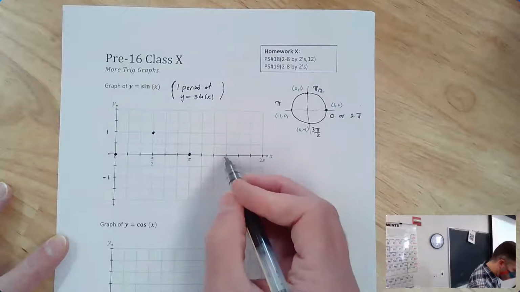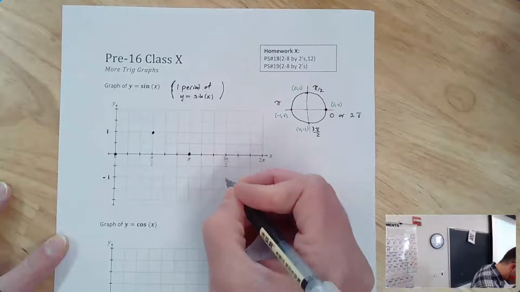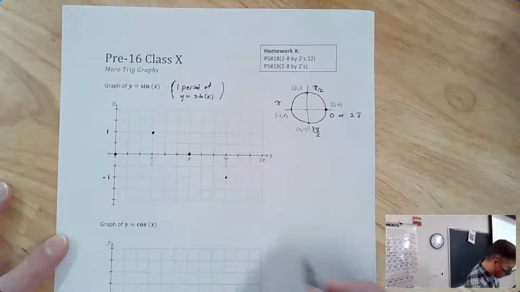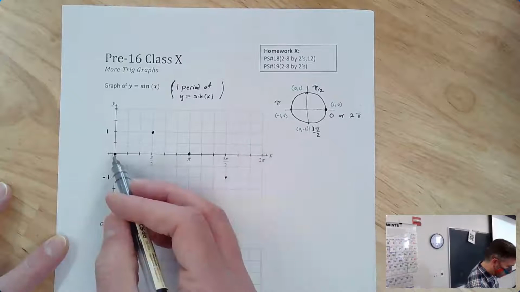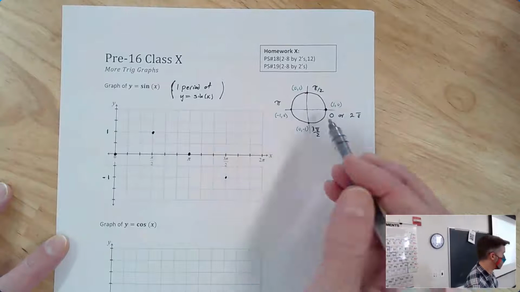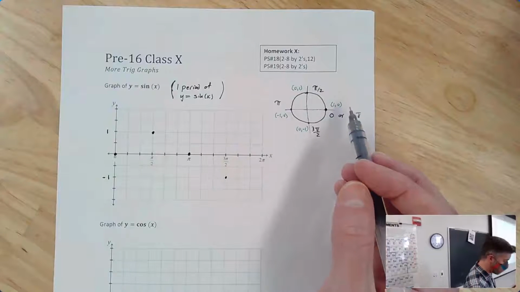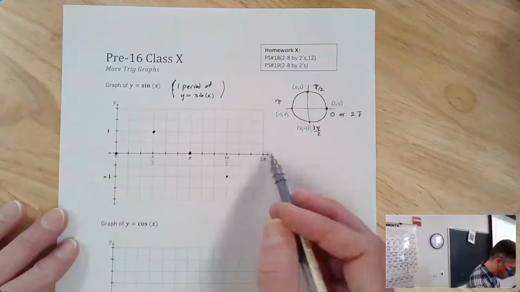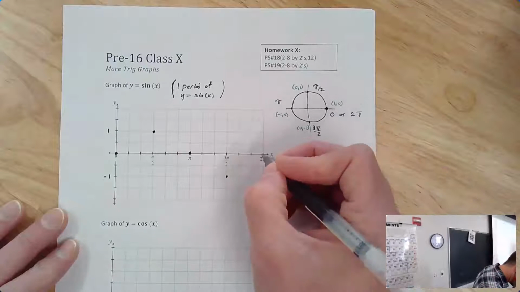If x is 3 pi over 2, sine of 3 pi over 2 is negative 1. And if x is 2 pi, well, we should be back where we started, because 0 and 2 pi are coterminal angles, and the sine and cosine values are always the same as they were before. So sine of 2 pi should be the same as sine of 0, which is 0.